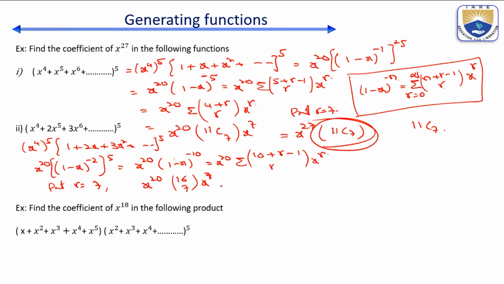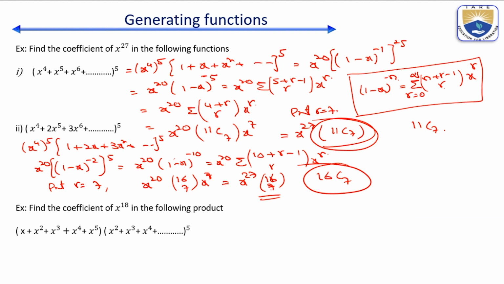We are considering only this. So the coefficient of x to the power of 27 is 16C7.